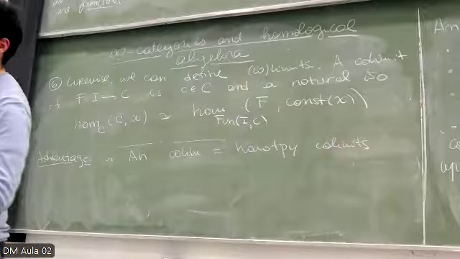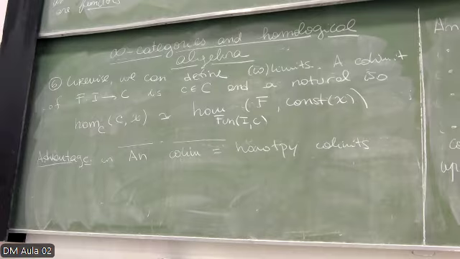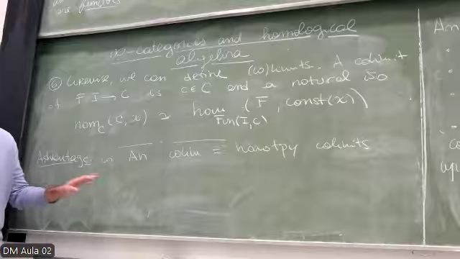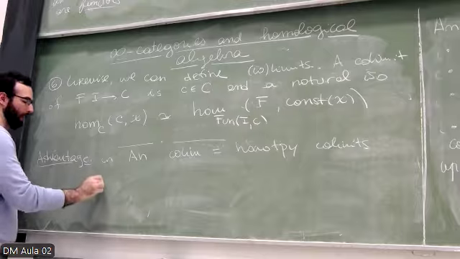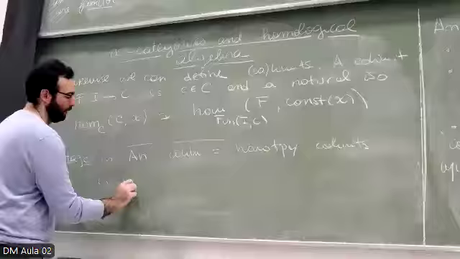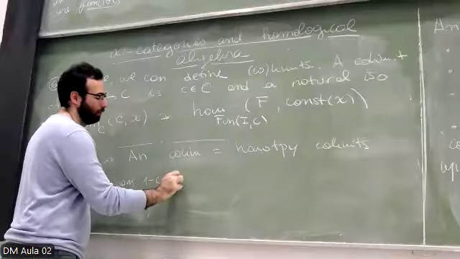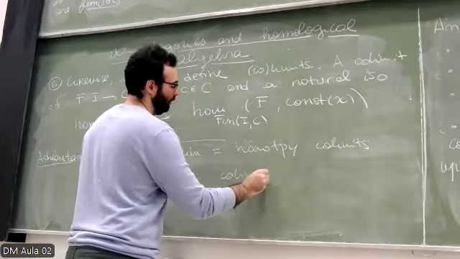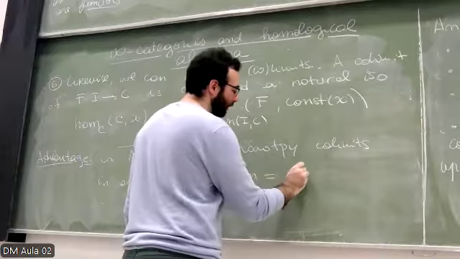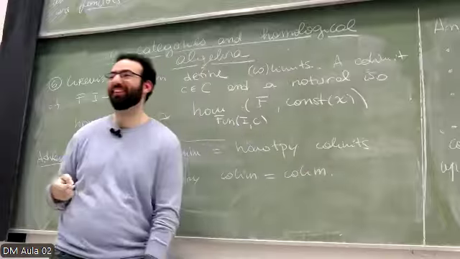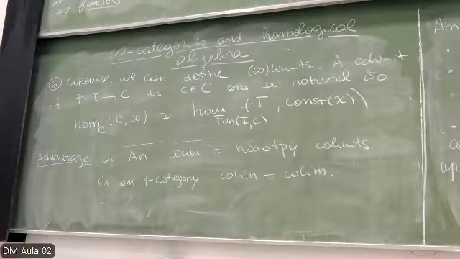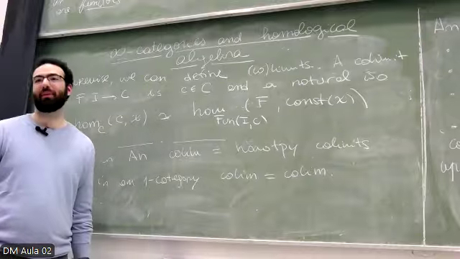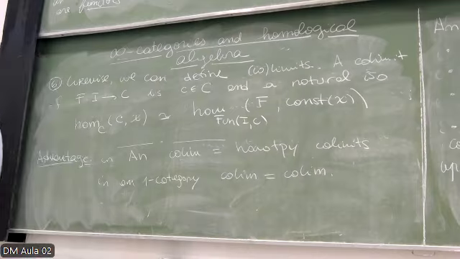Because you're now keeping track of the homotopies. So you can formalize that definition by using the notion of co-limit for infinity categories. And in a one category, this is a bit absurd in the way I'm writing it, but co-limit is co-limit. So what I'm saying is that if you view a one category as an infinity category, then this notion of co-limit is really the same as the one you had before.